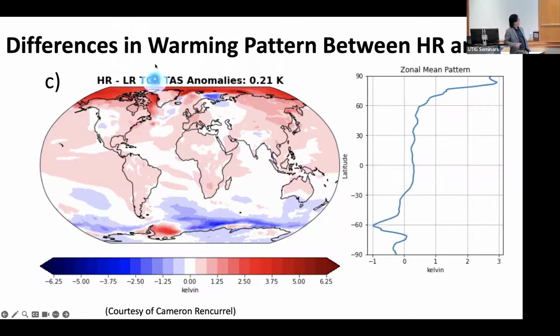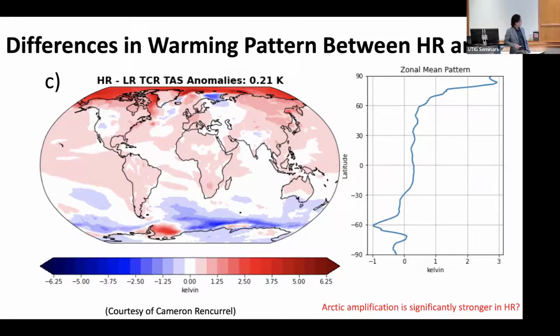So you can see the high resolution model is warming much faster in the Arctic region, and it's actually warming slower in the Southern Ocean, right? So this is a zonal average difference between high res and low resolution. You can see in the Arctic Ocean, the difference is approaching 3 degrees. So the high resolution model is warming much faster.